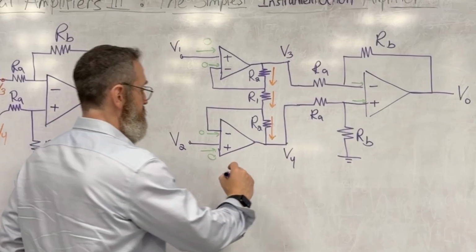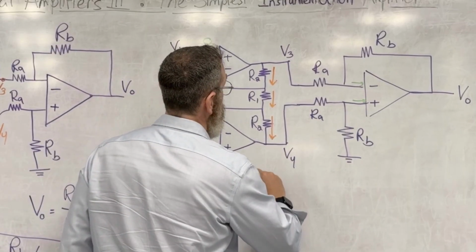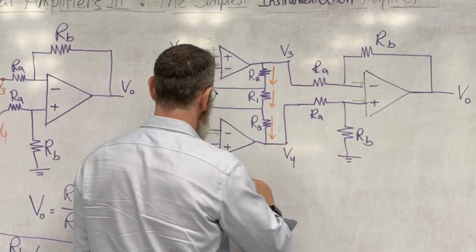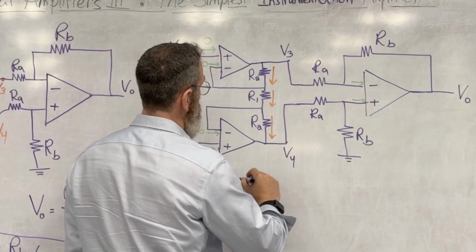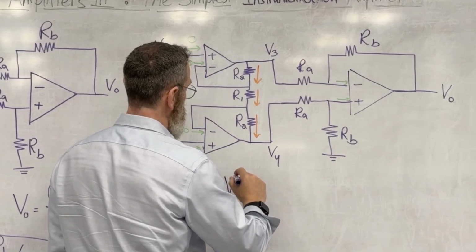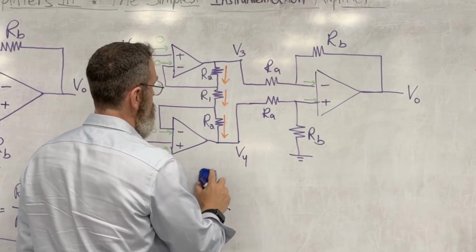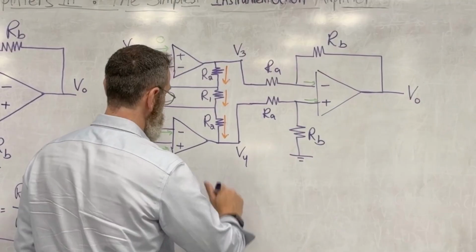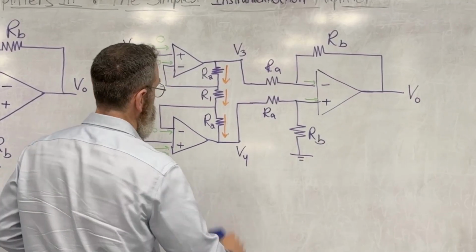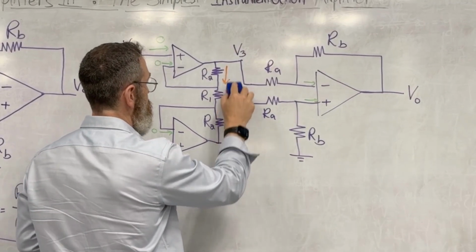And that would look like this. You would say that V... do I want to do it the other way? All right, we'll do it this way. I'm going to reverse these.